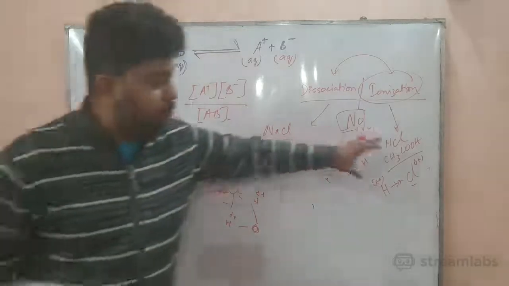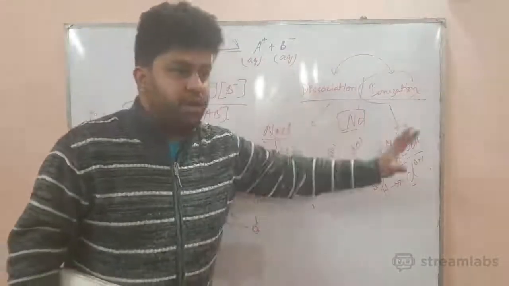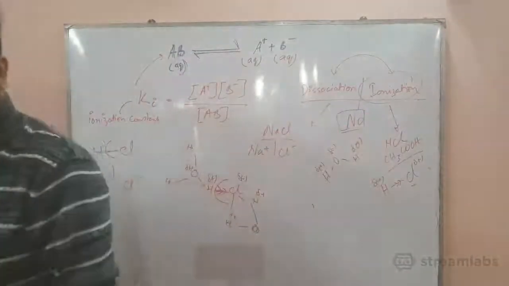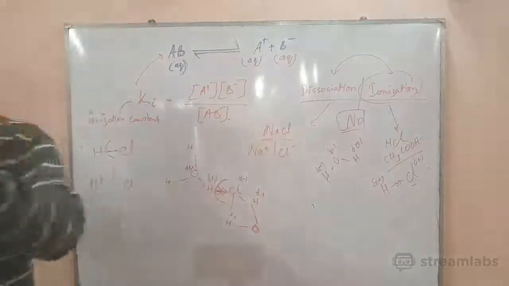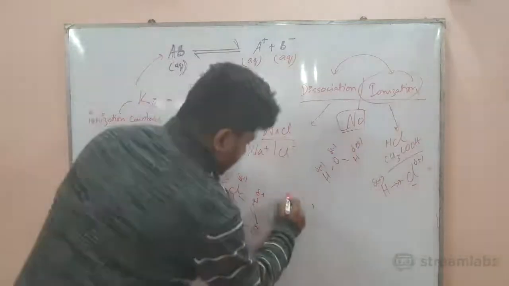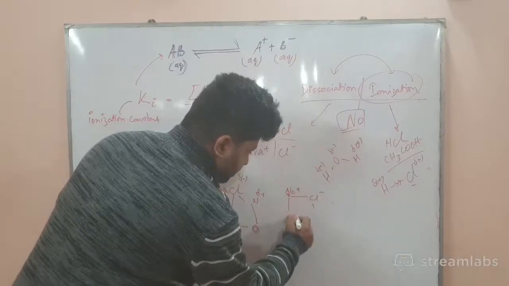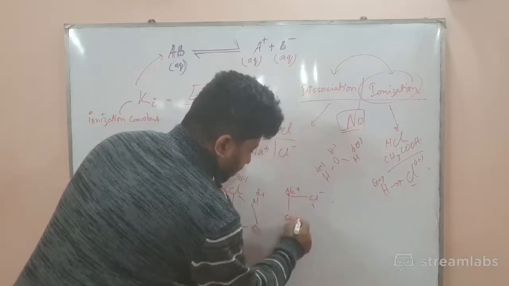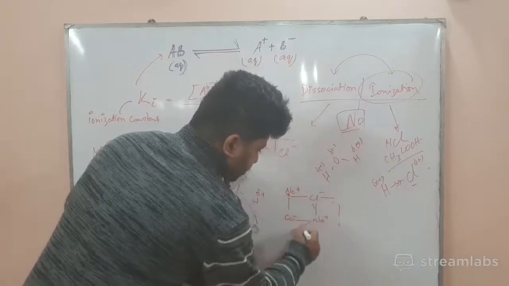Both are different; the mechanism of ion formation inside water is different. NaCl in solid state remains in a crystal lattice: Na plus, Cl minus, then Na plus, then Cl minus, and so on.